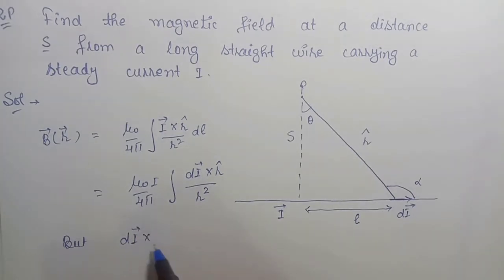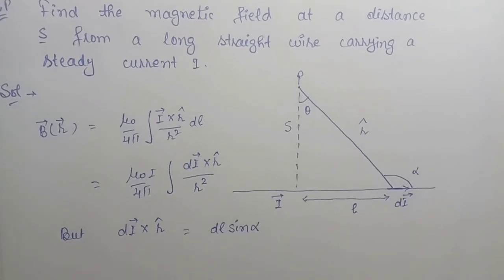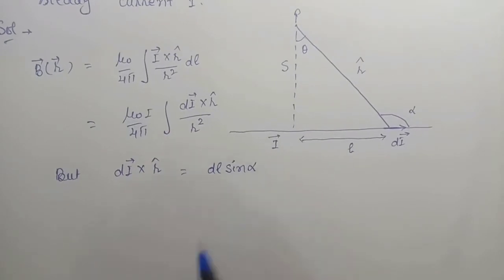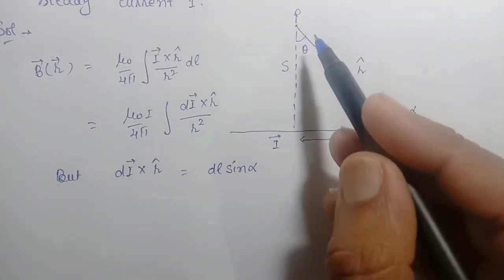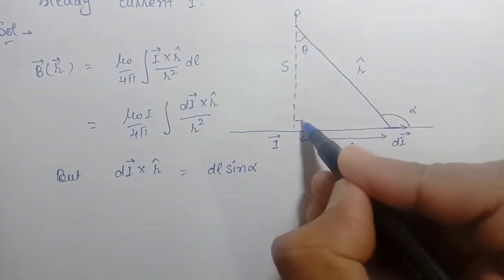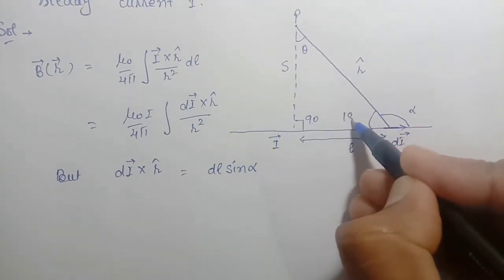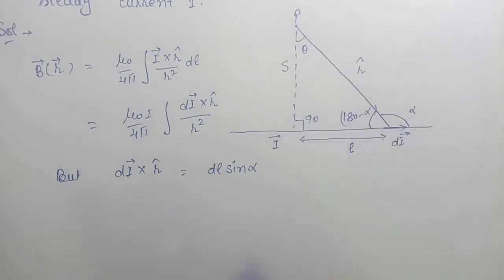But here dl cross r is equal to dl sine alpha. So here we are interested to find the value of alpha in terms of theta. As per this triangle, here we have an angle theta, this angle is 90 degrees, and this angle is 180 minus alpha.